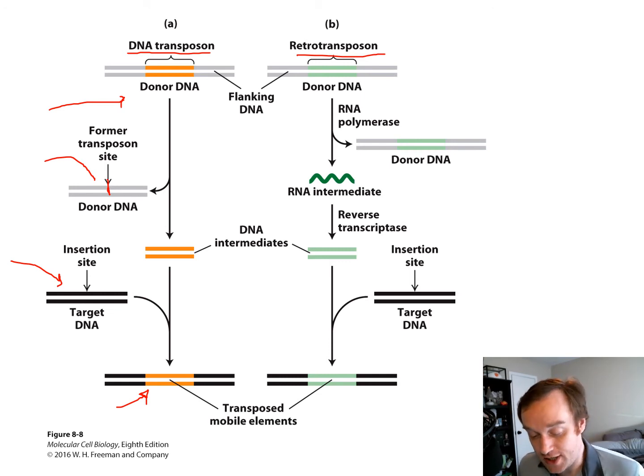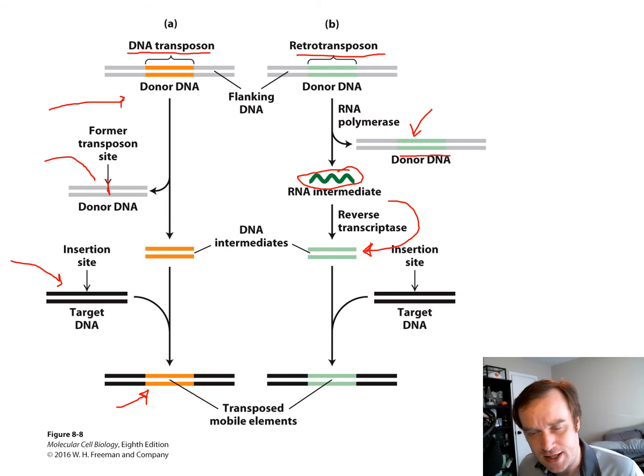A retrotransposon, though, has an RNA intermediate. For a retrotransposon, we have RNA polymerase, which will actually transcribe an RNA copy of this jumping gene. We have that right here. So instead of this gene cutting itself out, it transcribes an RNA copy, and then reverse transcriptase comes in and converts that RNA back into double-stranded DNA.